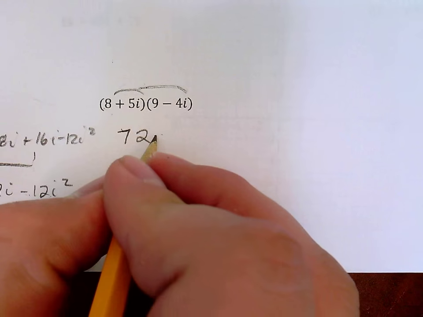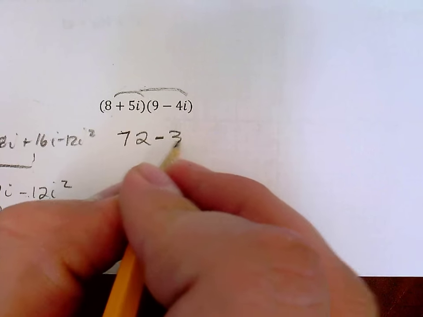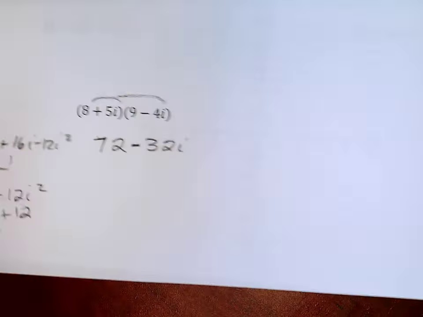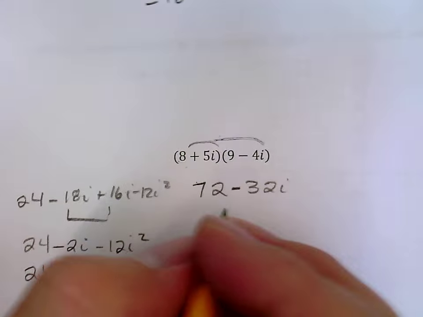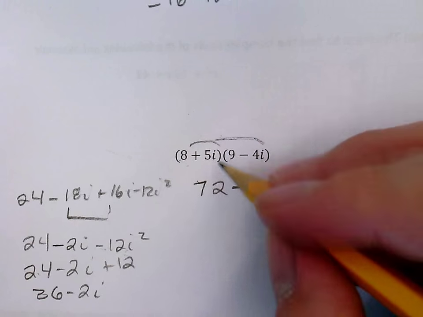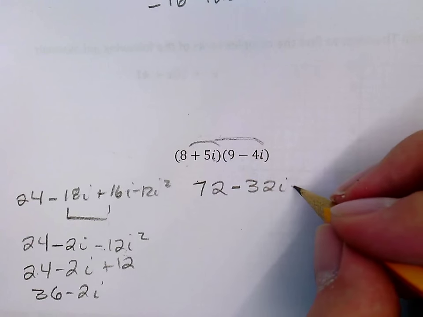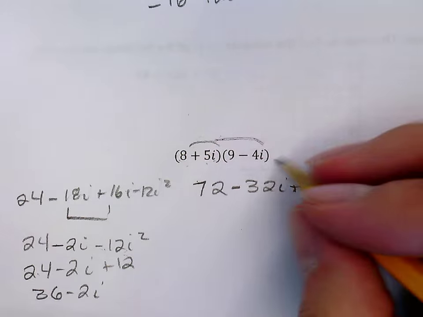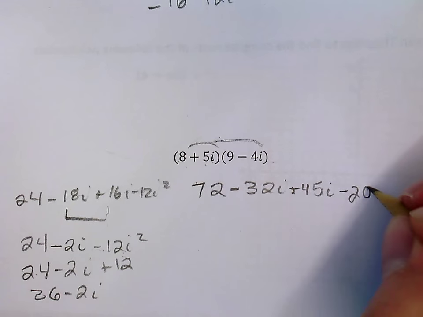This 8 times this negative 4i becomes negative 32i. Okay, and then this 5i times this 9 becomes positive 45i, and then 5i times negative 4i becomes negative 20i squared.